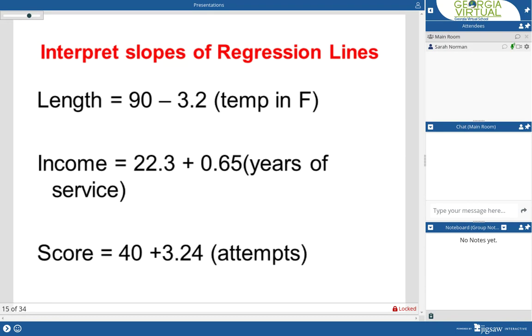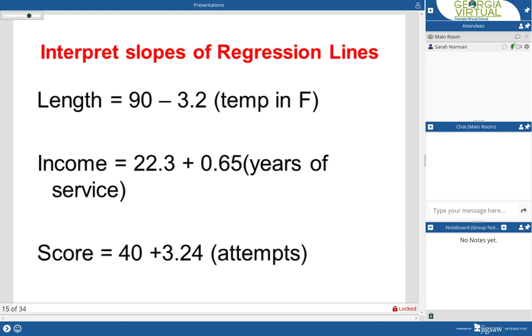So let's interpret the slopes of regression lines. We could have something like the length is equal to 90 minus 3.2 times the temperature in Fahrenheit. Let's take a look at this first one.